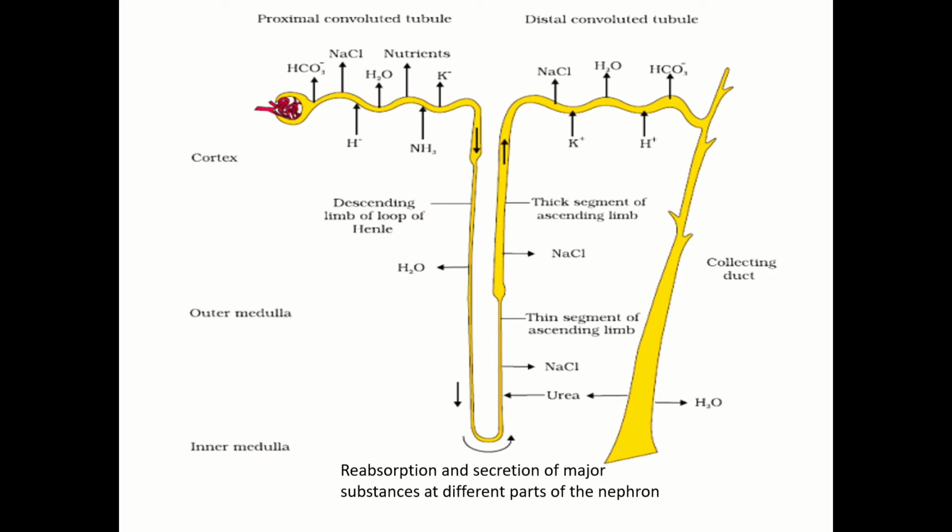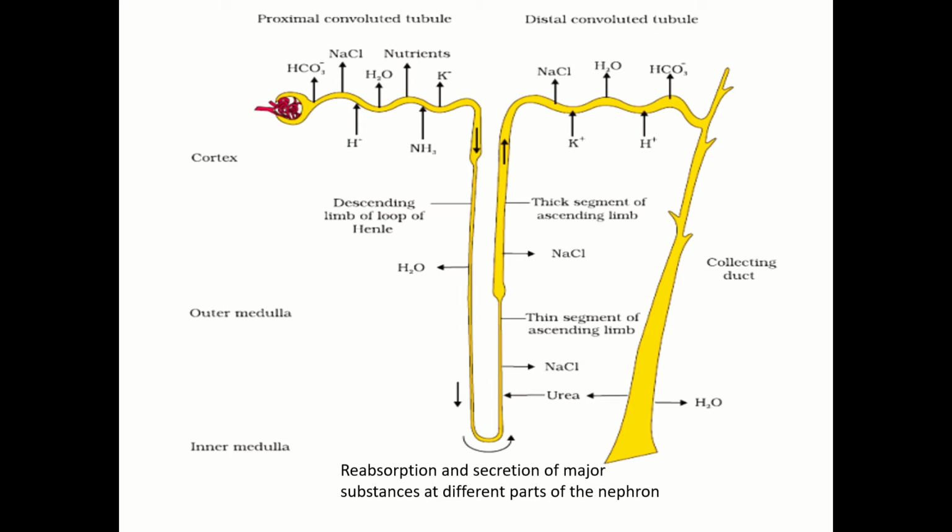Now next is the collecting duct. A large amount of water could be reabsorbed from this region to produce concentrated urine. This segment also allows the passage of a small amount of urea into the medullary interstitium to maintain the osmolarity.